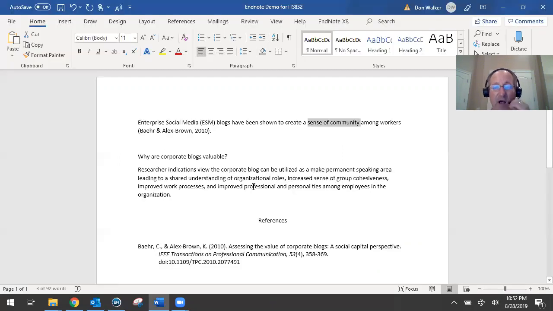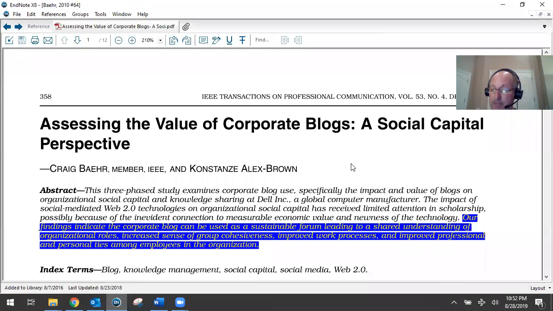So that's how Word works, and that's how EndNote works. The university doesn't provide or support any particular bibliographic software. So in that regard, you're kind of on your own.